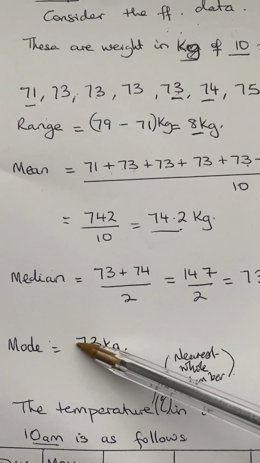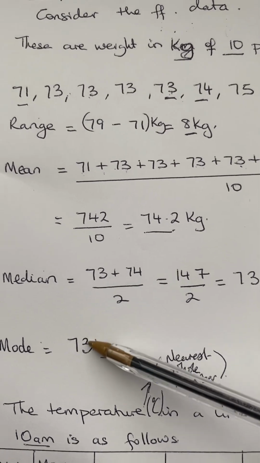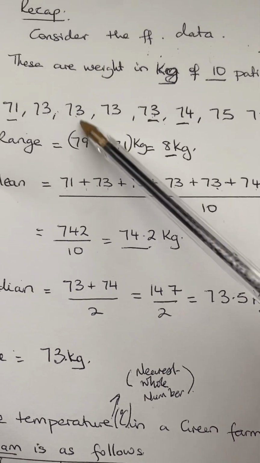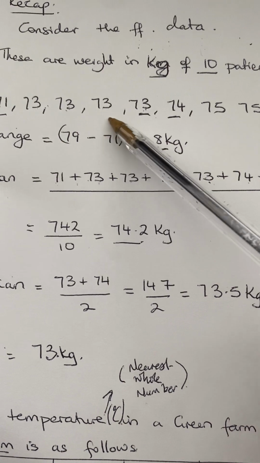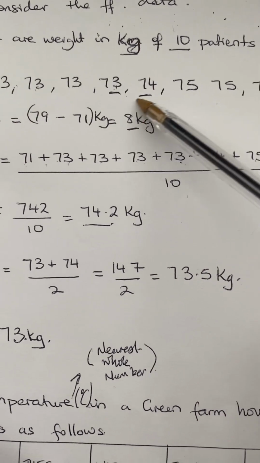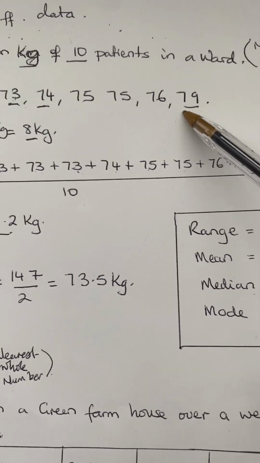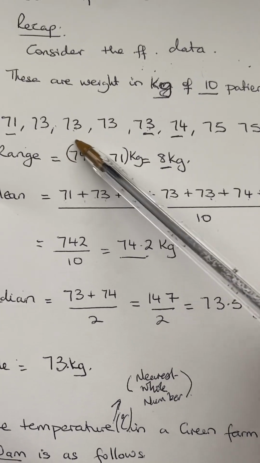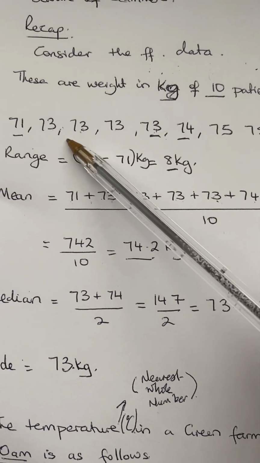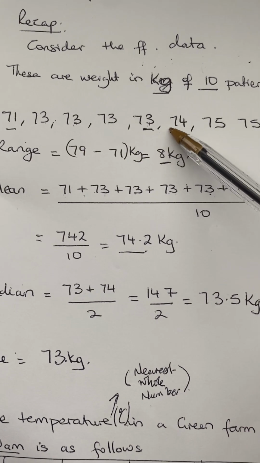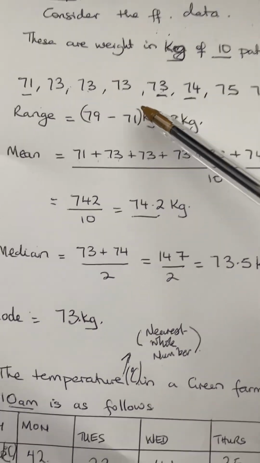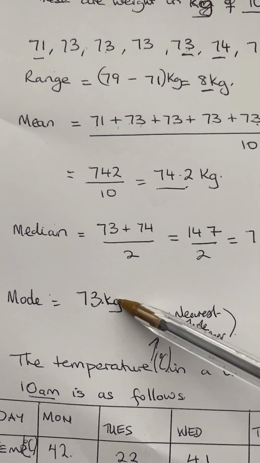Now the mode is the weight that occurs the most. So if we scan again, 73 appears 4 times, the rest not. So out of the 10 set of data, we have 73 appearing 4 times. So our mode here will be 73.